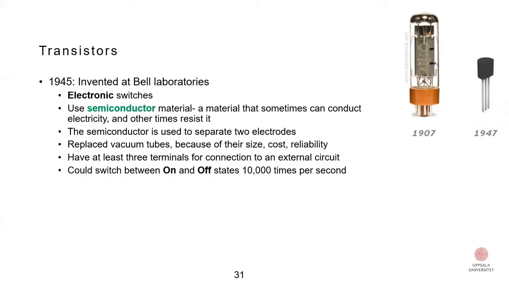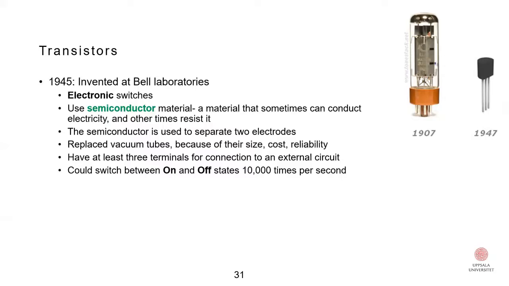So semiconductor material is a material that sometimes can conduct electricity and other times it can resist it. So it can have two different functions. For example, metals are conductors, but glass is a resistor. So semiconductor can be sometimes like conductors and some other times like resistors.